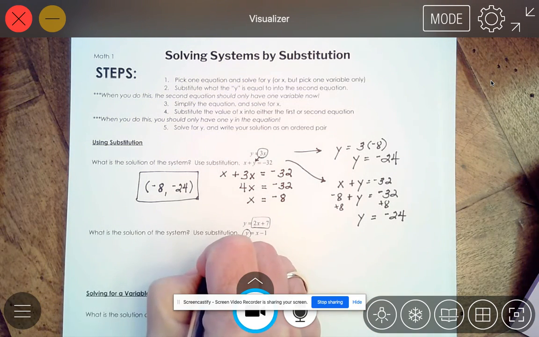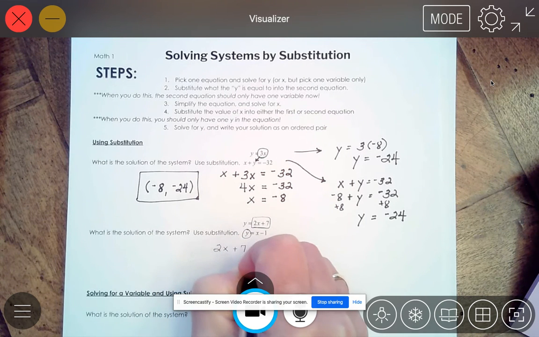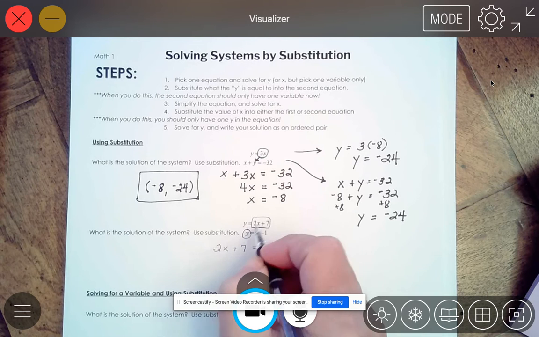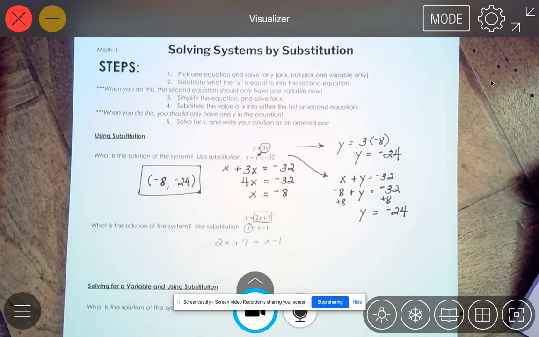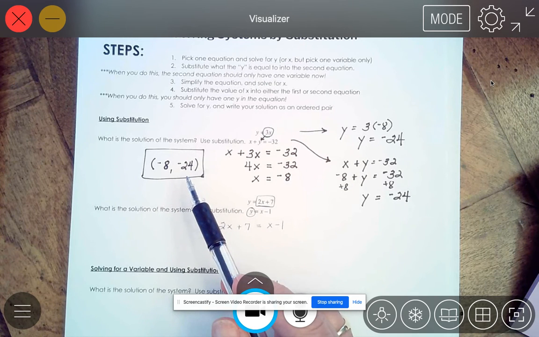So to begin with, I would say 2x plus 7 is equal to, instead of y, I put 2x plus 7, x minus 1. And now all I need to do, and I'm going to leave the rest up to you, is you go ahead and solve this for x and then tell me what y is, just like we did in the previous example.